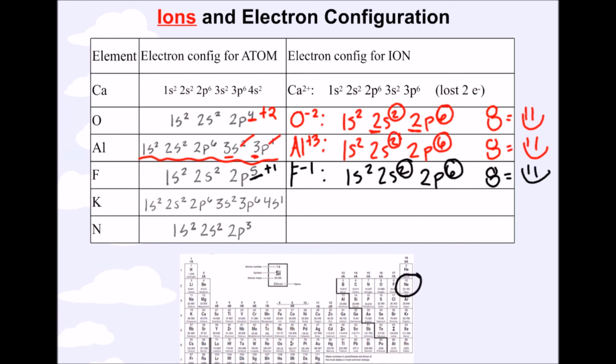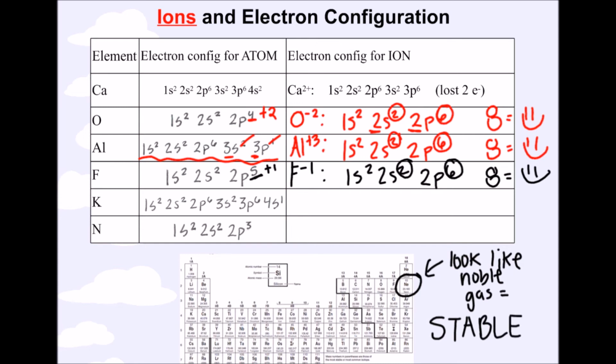So what's happening for these ions is when they gain or they lose electrons, they're going to look like noble gases. And the reason for that is because noble gases are very stable. And that's why ions are gaining or losing their electrons to become stable like these noble gases. All right, try the last 2 on your own and check the key online.